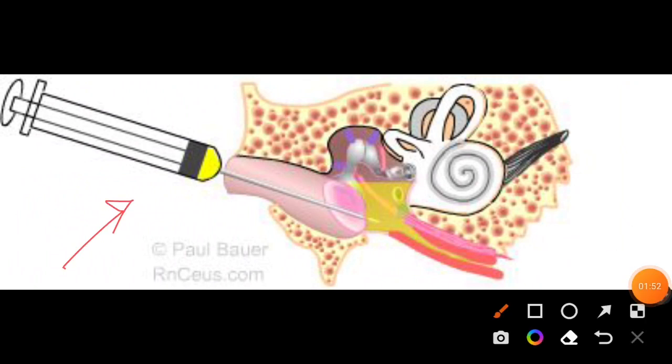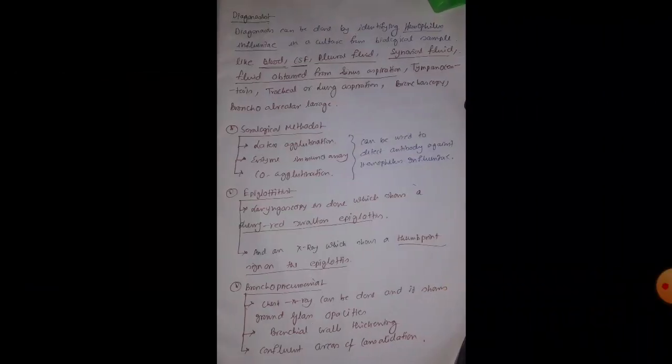So this is the picture of tympanocentesis. Remember that we have discussed that Haemophilus influenzae causes otitis media, which is an infection in the middle ear, right? So here we are using an instrument to take a sample from the middle ear and we are growing it in an appropriate medium.